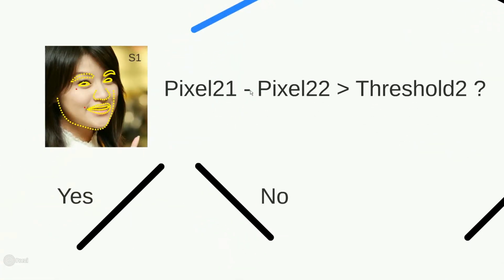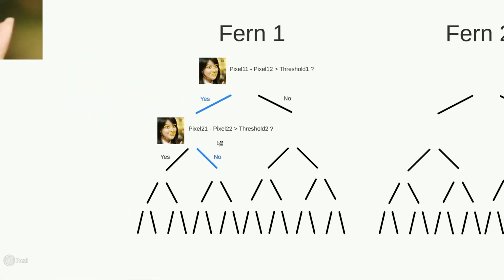And then on the second level, we ask a different question. And similarly, we pick another 2 pixels. Let's say these 2. And we compare their difference with the threshold. And then let's say it's smaller than the threshold, so we go to this split. And then the third level, a different question is asked.